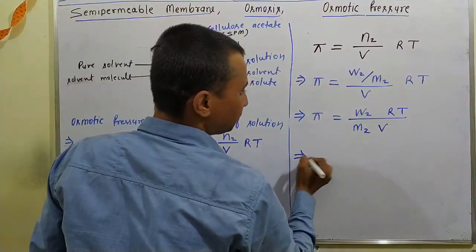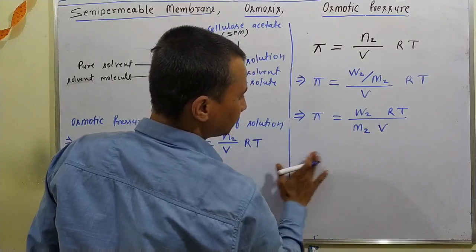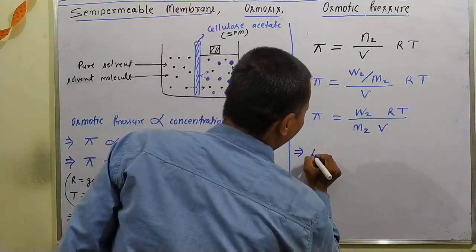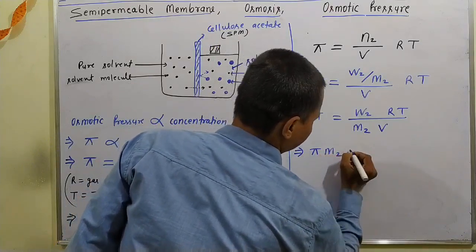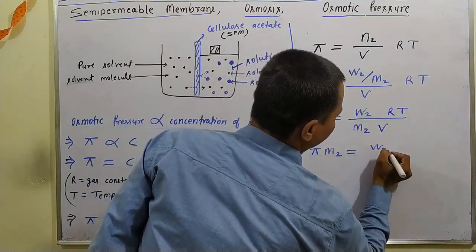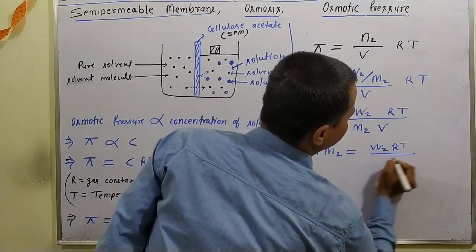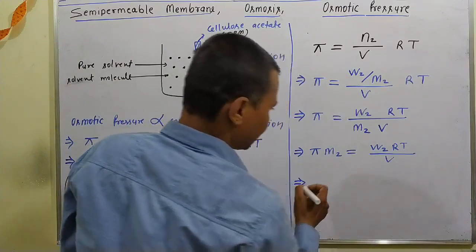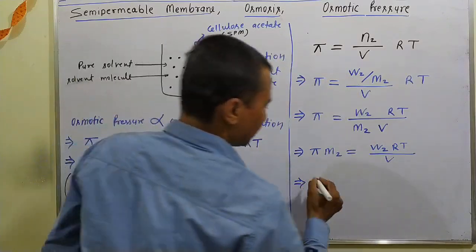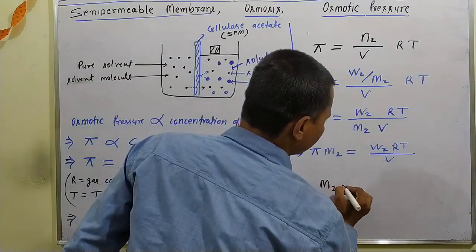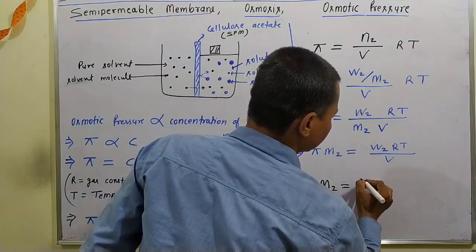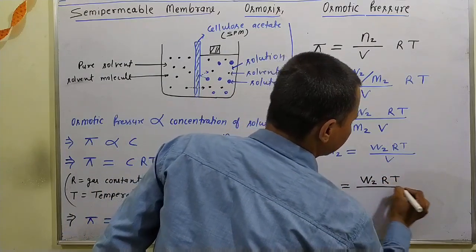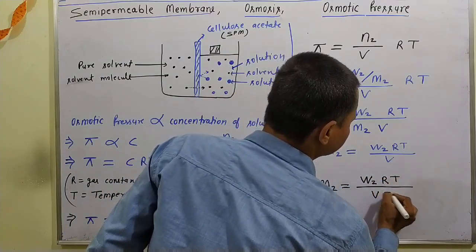Now if we have to find M2, pi M2 is equal to W2 RT by V. Thus M2 is equal to W2 RT by V pi.